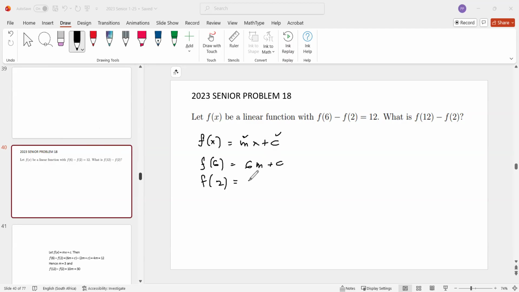When x equals 2, you got 2m plus c. Right? So you are given that f of 6 minus f of 2. So this is f of 6 minus f of 2. The c's cancel. 6m minus 2m is 4m. But it's given that this is 12. f of 6 minus f of 2 is 12. So 4m is equal to 12. So that gives you m equals 3.